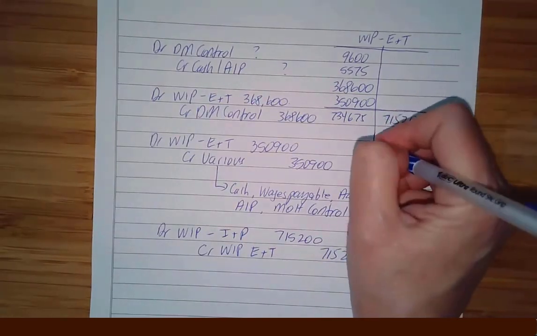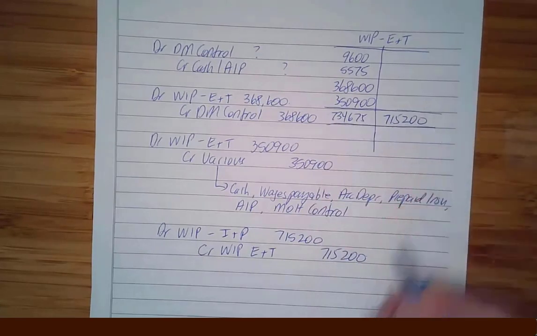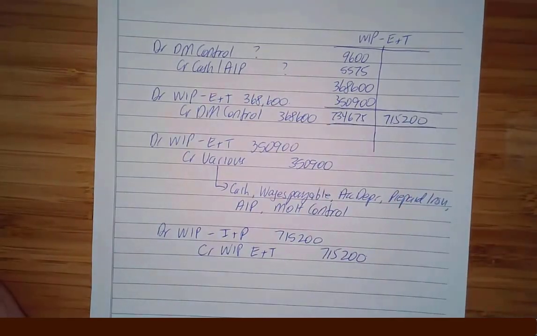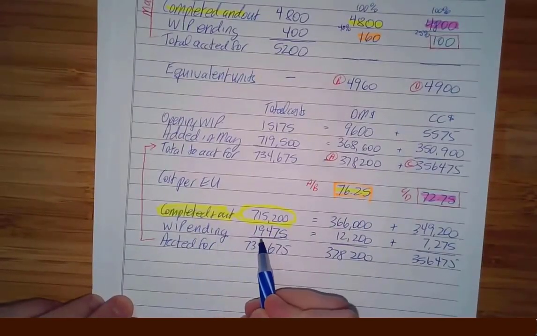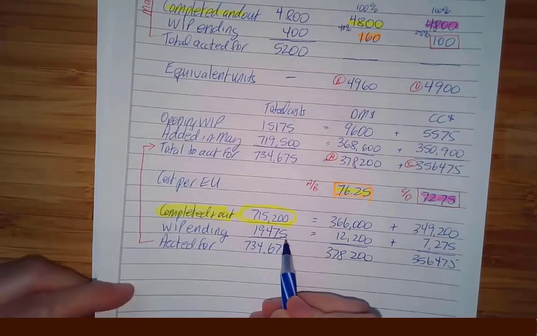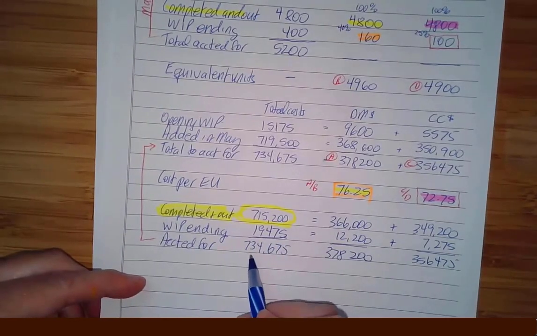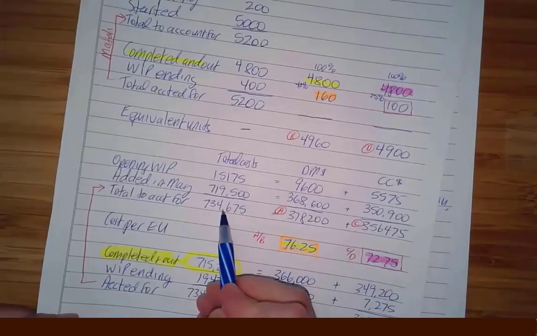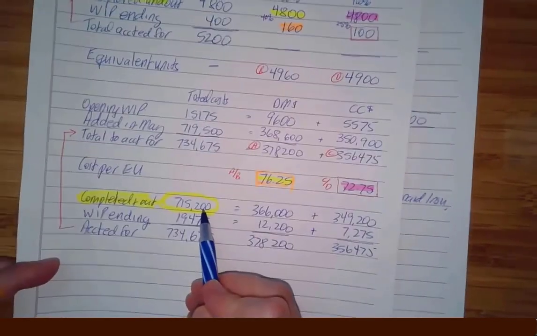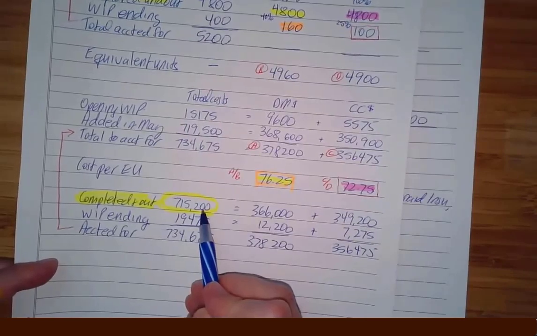Now, what is going to be left in work in progress? Do we have to calculate this number? And the answer is, well, we can, but we don't have to, because we know that the ending work in progress is going to be 19,475, because it has to be accounted for up to the exact same total. We had this total here, which was this, and now we're removing this amount because it's completed and moved into the next department.